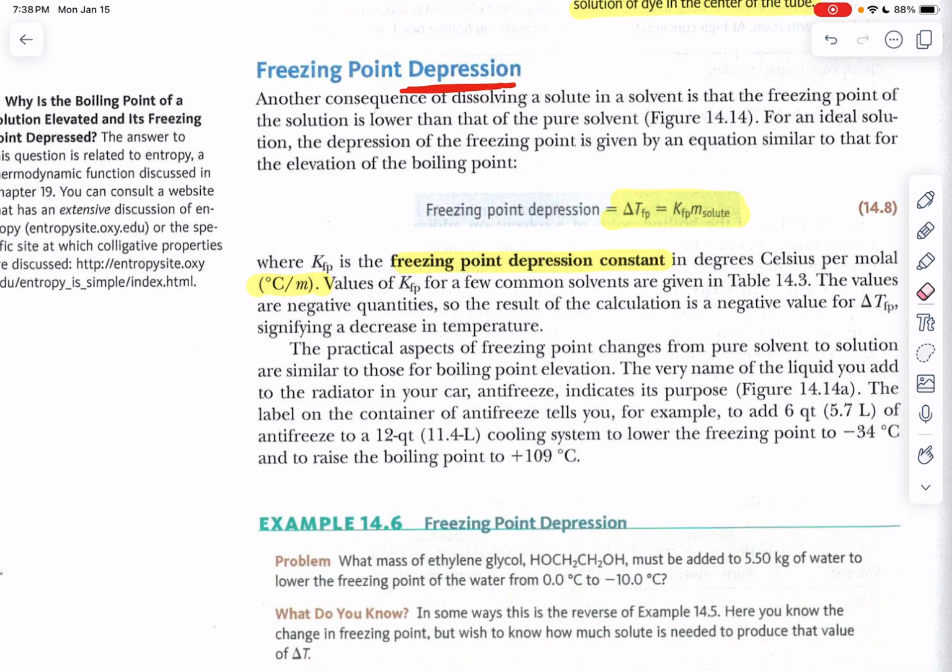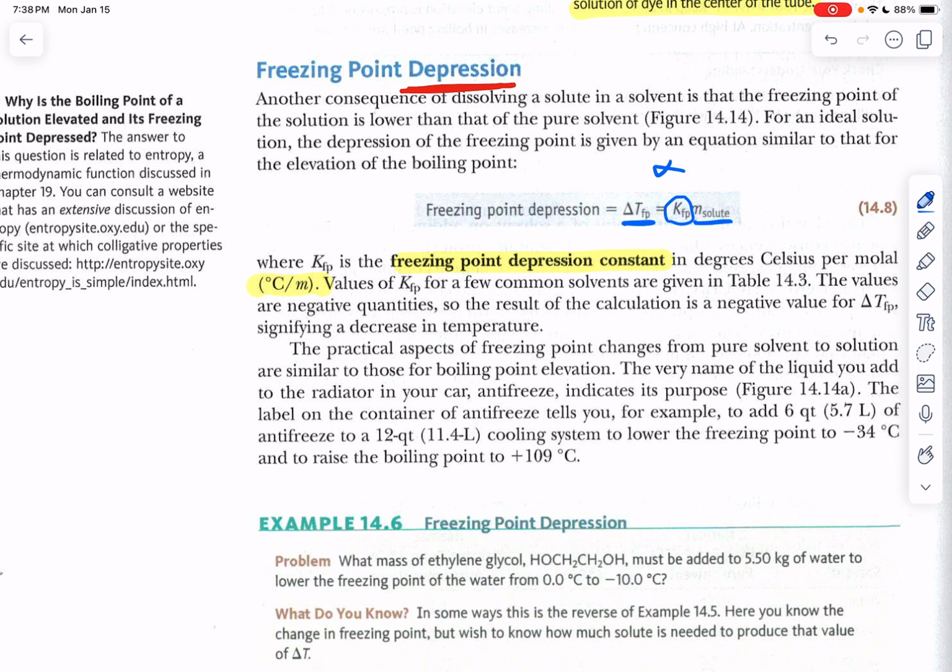All right, freezing point depression. In a freezing point depression, again, your change in freezing point is proportional to the concentration of the solute in the solvent. And the proportionality constant is this freezing point constant.